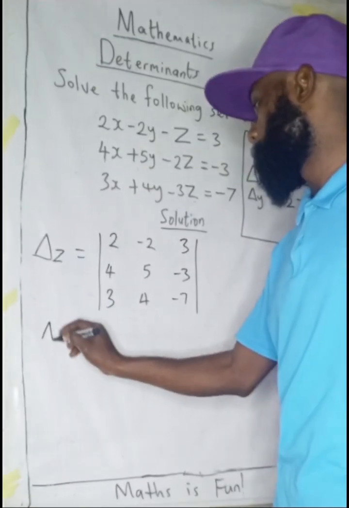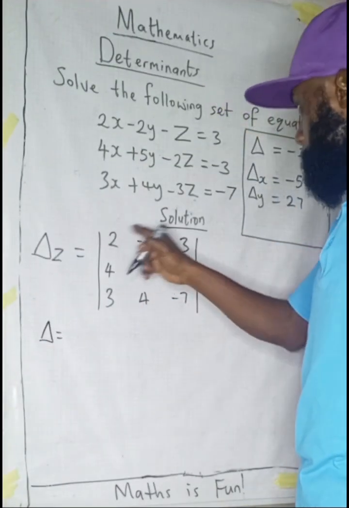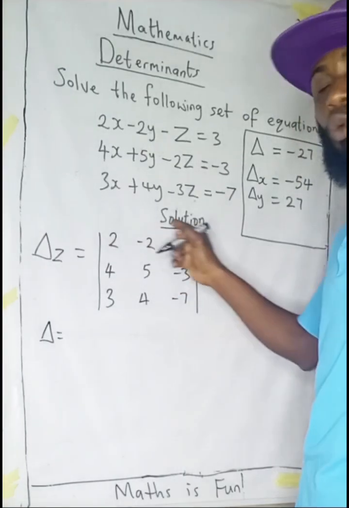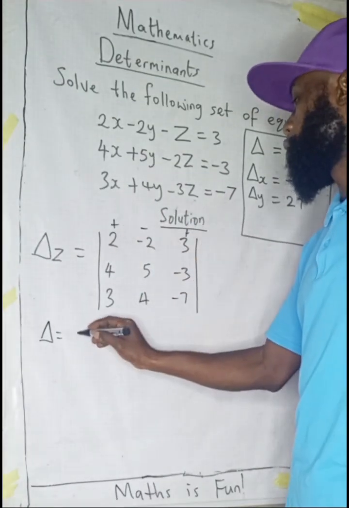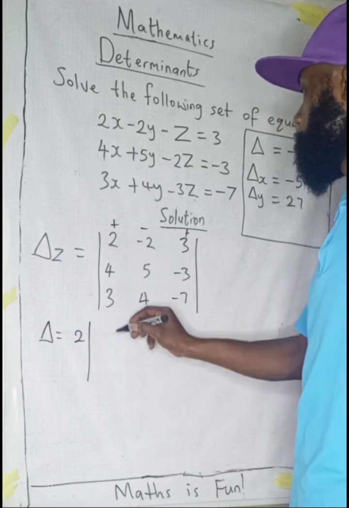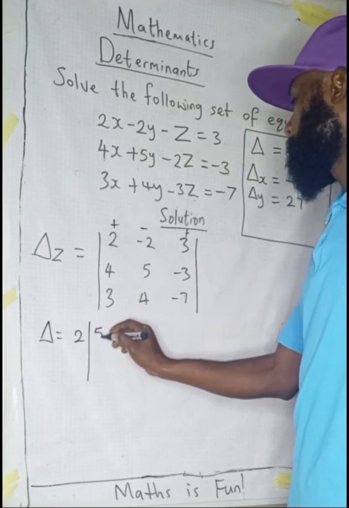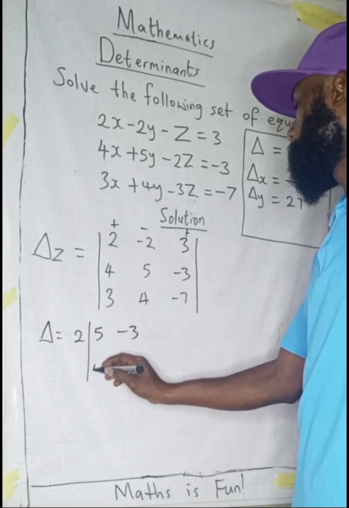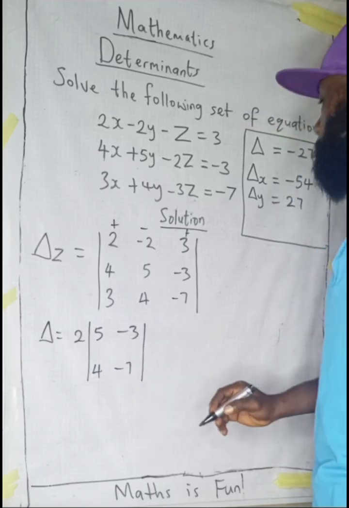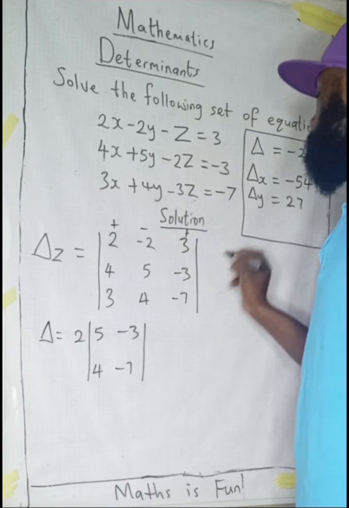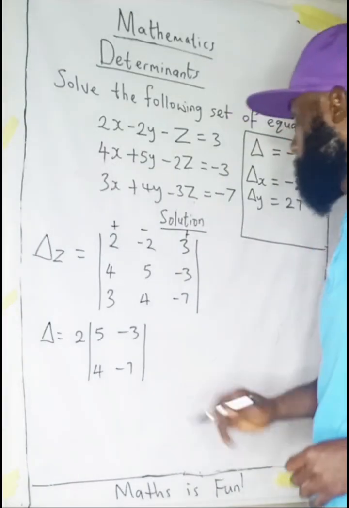So change in z will give us, let's expand using row 1. The signs are plus, minus, plus. So we have 2, ignore, that will be 5 minus 3, 4 minus 7, right? Ignore, 5 minus 3, 4 minus 7.